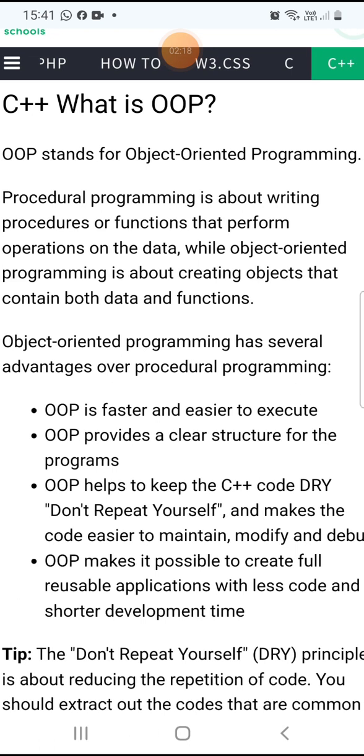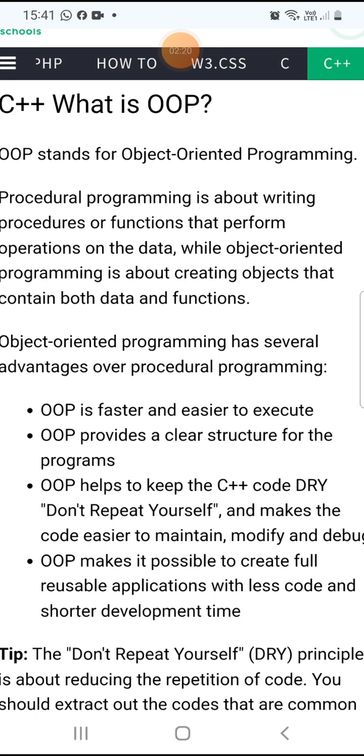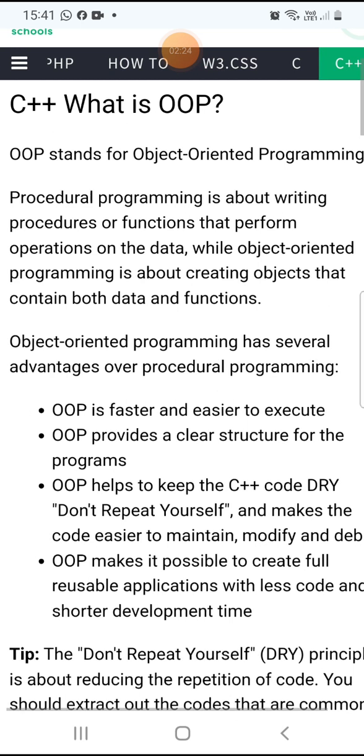While object-oriented programming, as I told you, OOP stands for object-oriented programming. Here object-oriented programming is related with objects and classes, methods, classes, objects, variables, instance variables, local variables, class variables.